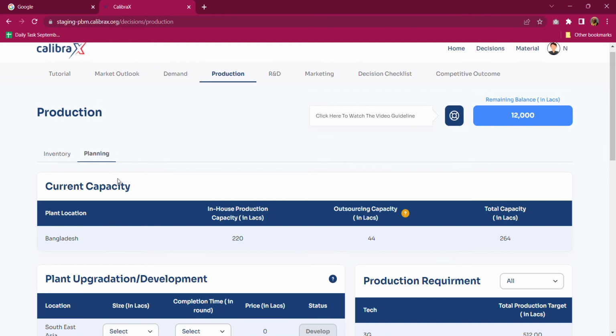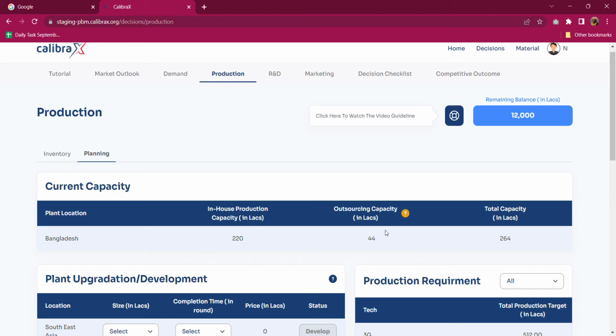Under the planning tab, you get to have a look at your current production capacity. All the teams in a single universe start with one plant in Bangladesh with a production capacity of 220 lakhs units per round. This capacity can be used in any combination among the existing technologies that the team may wish to.